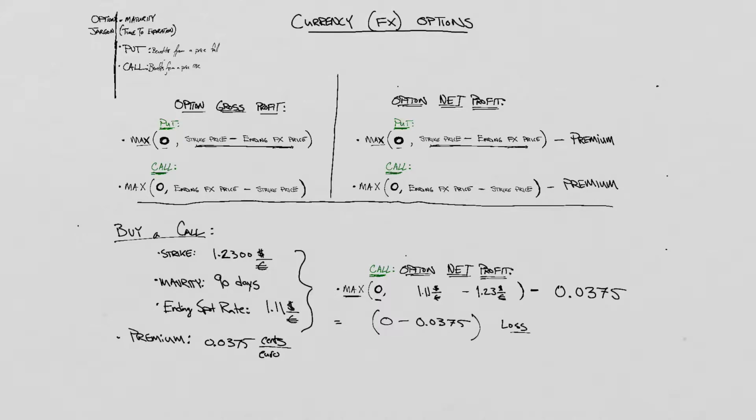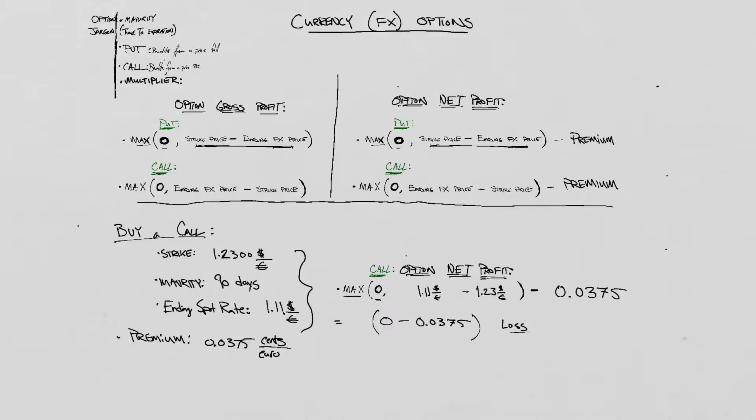Now at this point, there's one more bit of definition I need to introduce to you, and that's called the multiplier for an option. Because when we buy or sell an option, we don't just buy on like a single dollar or a single euro. One option represents a certain number of dollars or euros.